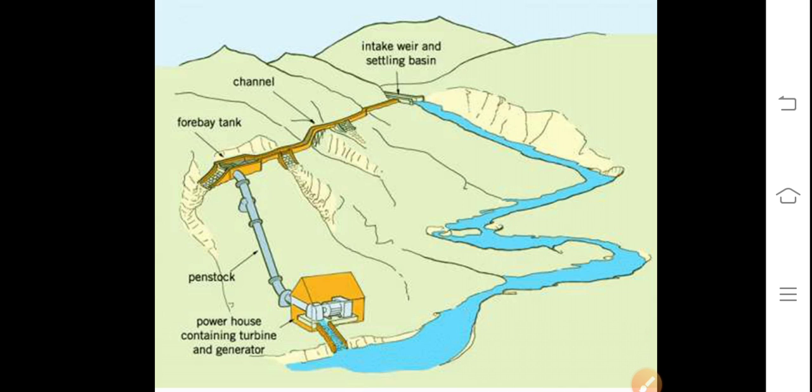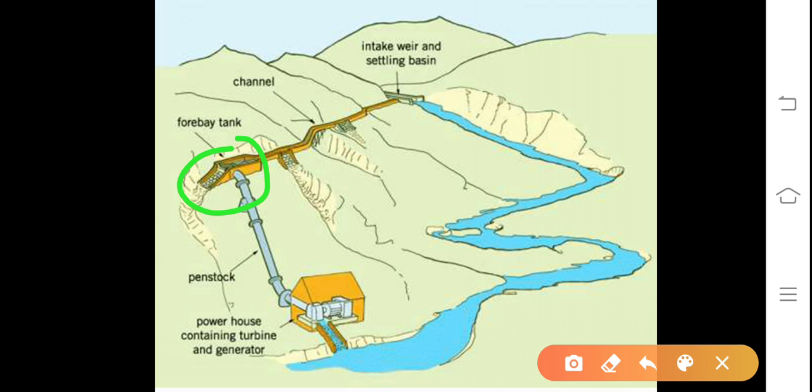Okay, this is another sketch. You can follow this on your own. There is not much problem. Forebay tank, channel, then intake water and a wetting basin which is created here. Penstock, this is the huge pipeline work.